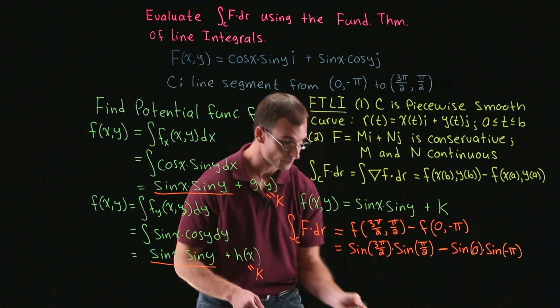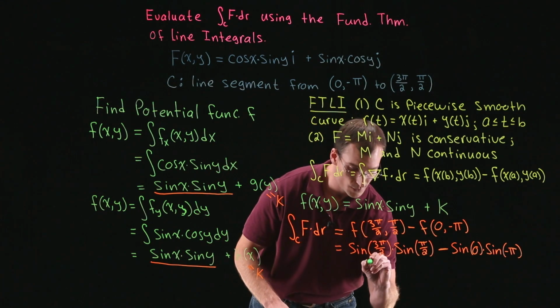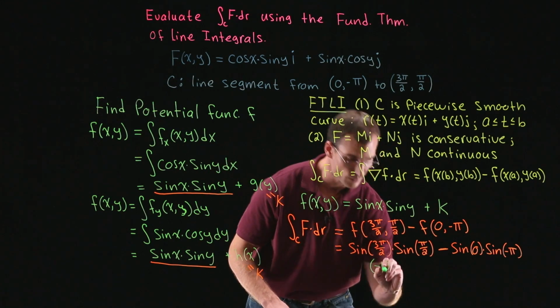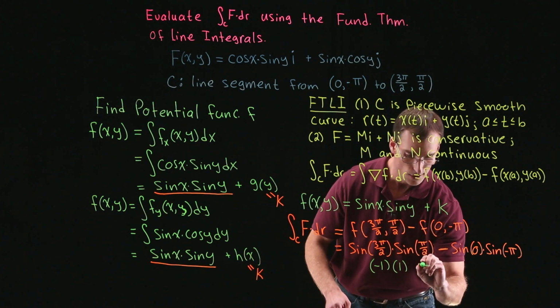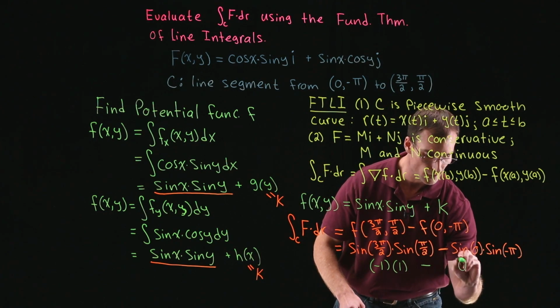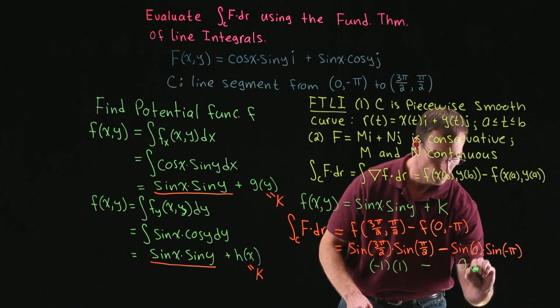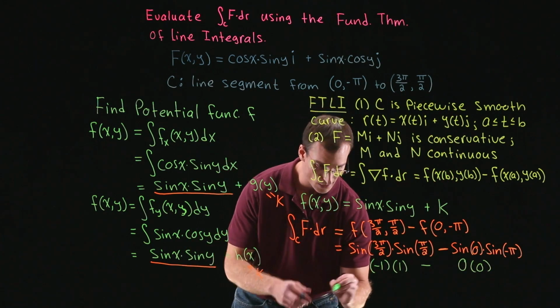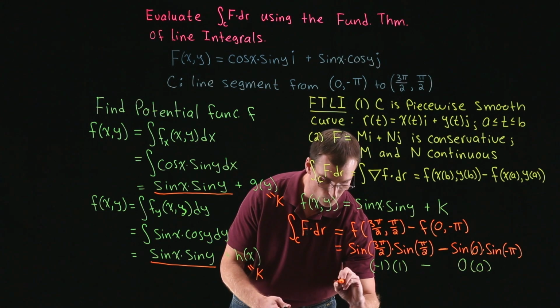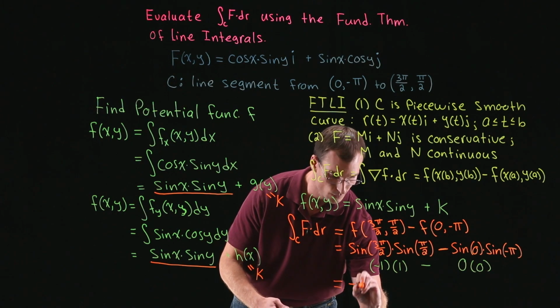All right, and what do we get? Sine of 3 pi over 2 is negative 1, sine of pi over 2 is positive 1, and sine of 0 is 0, and sine of negative pi is 0. So we just have negative 1 times positive 1, so our line integral is equal to negative 1.